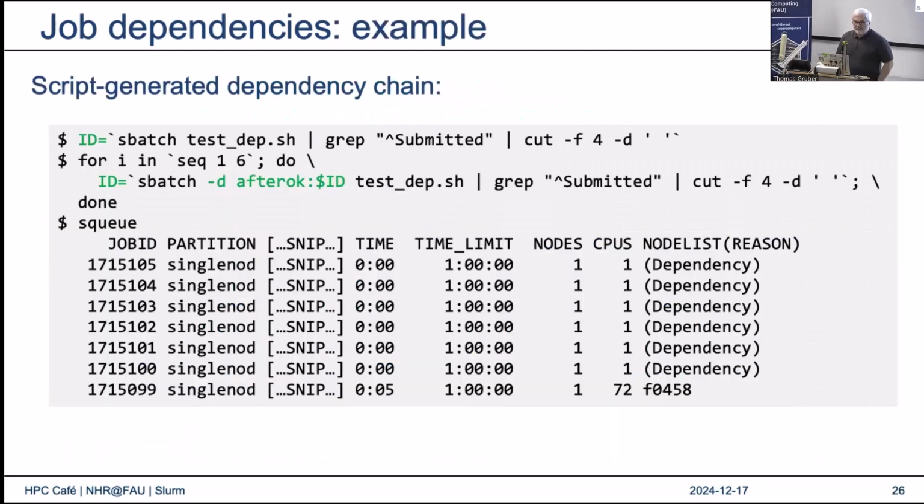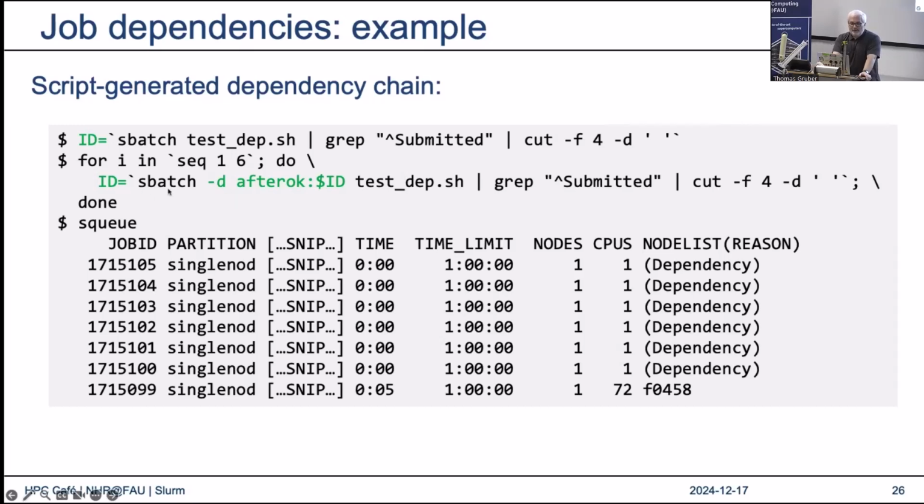Here's a simple example about job dependencies. I put together a contrived example here to keep it simple, a script-generated dependency chain. So we submit one job, that's our anchor, so to speak. We obtain from the sbatch command the job ID, which is done with this grep and cut combination, and we assign it to this ID variable. So ID now holds the job ID of the just submitted job. And then we have a loop that runs 6 iterations, from 1 to 6.